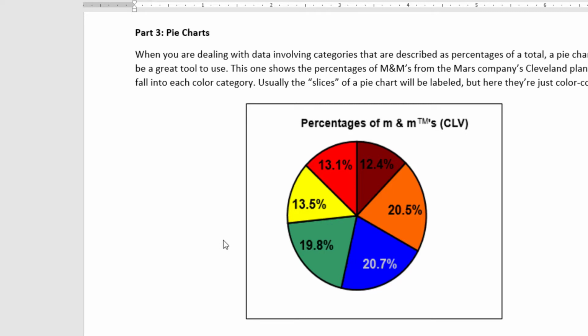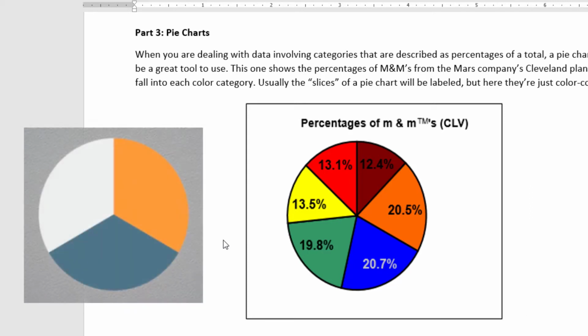We want to take all 100 of these candies, or 200, or 300, or whatever they are, and we want to break this pie chart, which has actually got 6 not quite equal pieces, into 3 pieces that are as close to equal as possible.